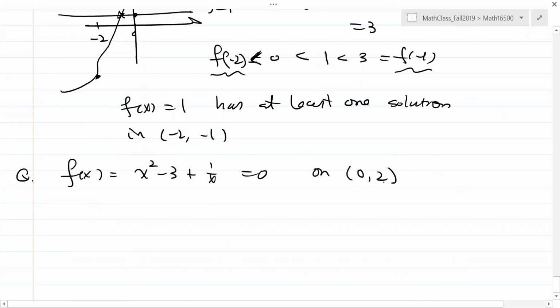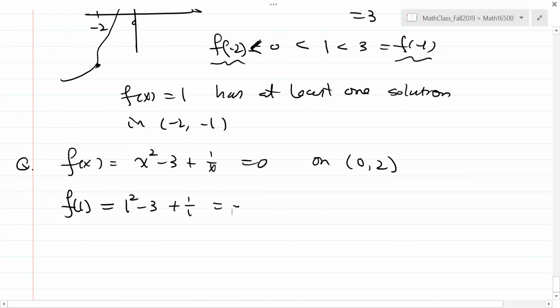We want to make sure this has a solution, right? I know f of 1 is going to be 1 squared minus 3 plus 1 over 1, which is -2 plus 1, it's -1. So it's negative, right?